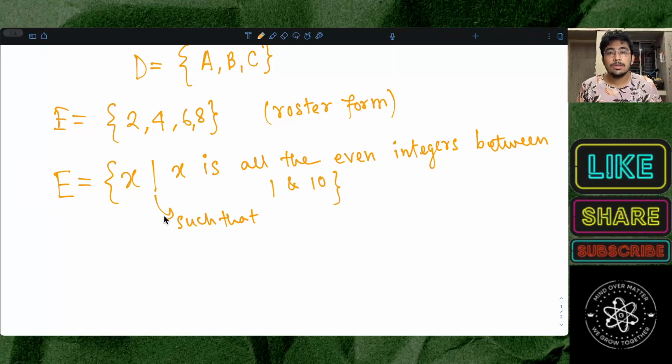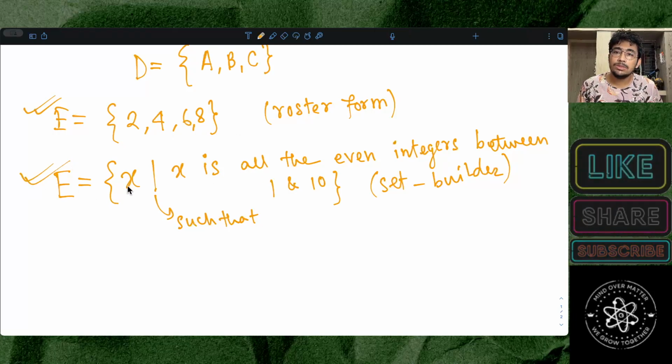This form is called the set builder form. They are basically the same set. In the roster form, you have to write the elements explicitly. But in the set builder form, you just write one symbol and mention the logic behind the elements. Here the logic is that the elements are all the even integers between 1 and 10.